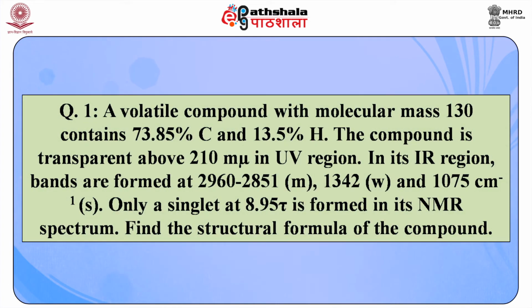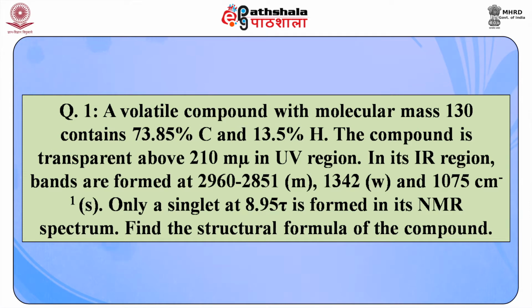So, let us begin with this question. A volatile compound with molecular mass 130 contains 73.85% carbon and 13.5% hydrogen. The compound is transparent above 210 mu in the UV region.